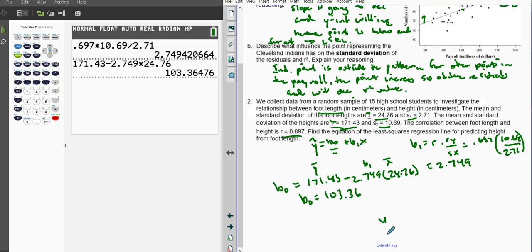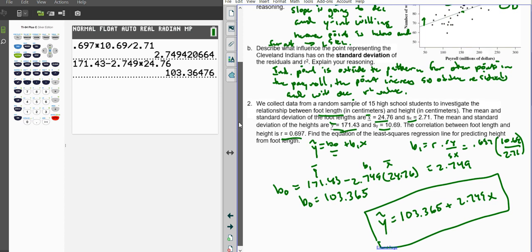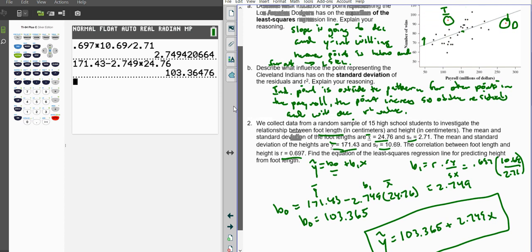So we have our equation of 103.36, and we'll add that to our slope, which is 2.749 times x. And that, my friends, is our least squares regression line. All right, so there we go.